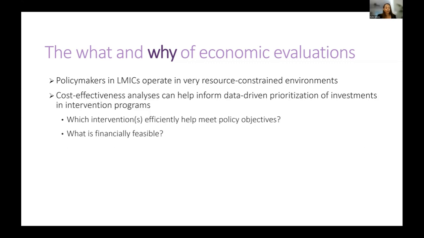Given that, it's important for decisions about what interventions to invest in and where to be guided not only by evidence of effectiveness, but also by how the costs of alternative interventions compare. And cost effectiveness provides a framework for data-driven prioritization of interventions. It can also help inform discussions around financial feasibility and help policymakers decide the most efficient way to meet their policy objectives within the bounds of their resource constraints.